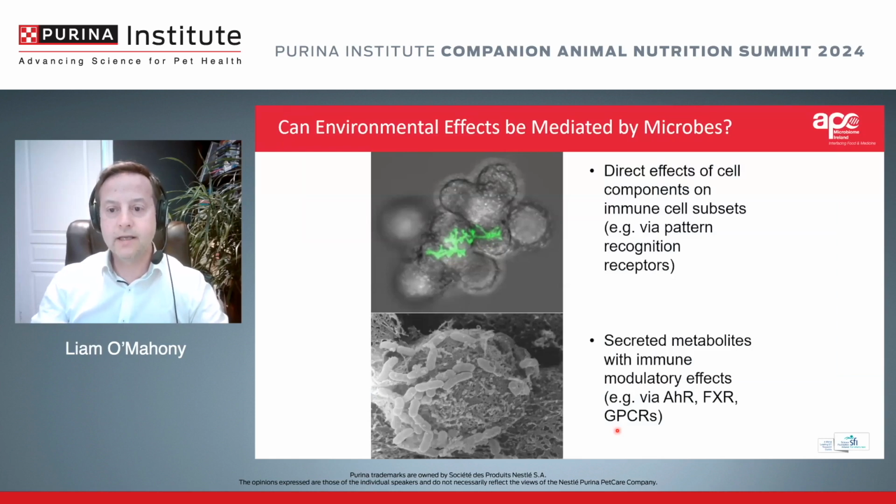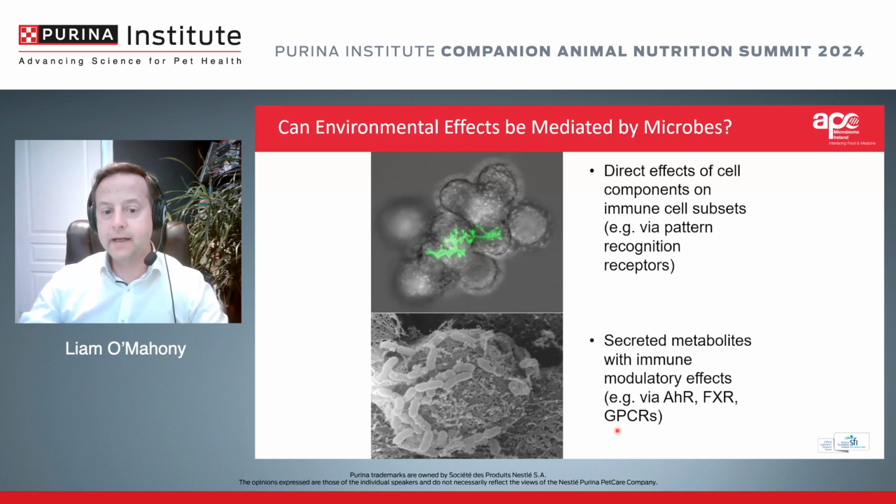So how are these exposures actually mediating their effects on the immune system? So we would suggest that actually these exposures, like exposures to animals or time spent outdoors, would change your exposure to microbes.